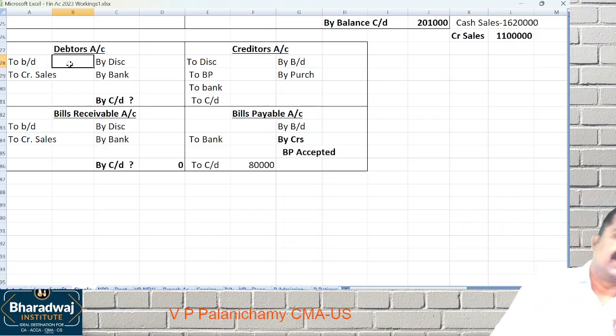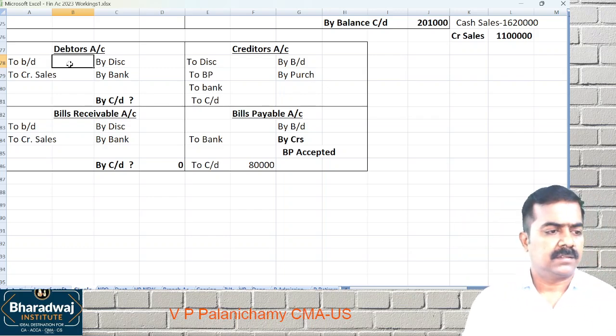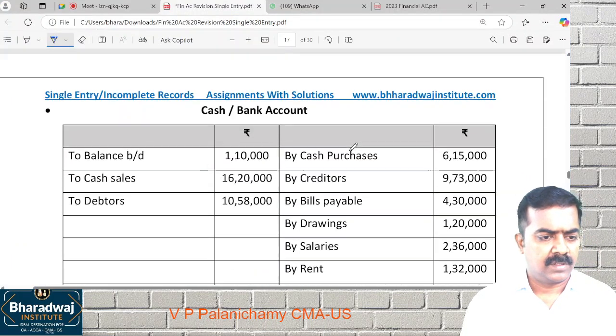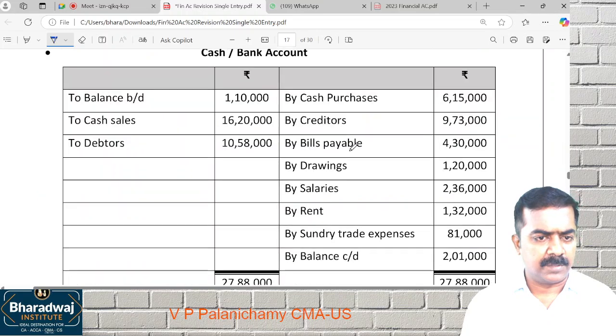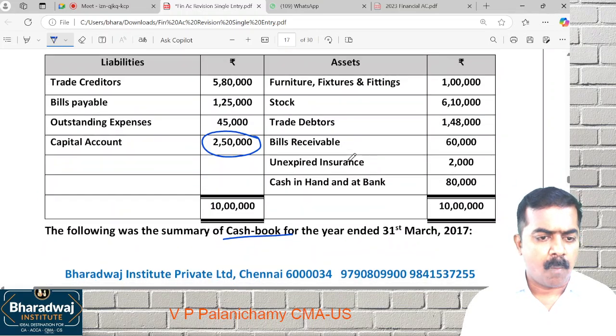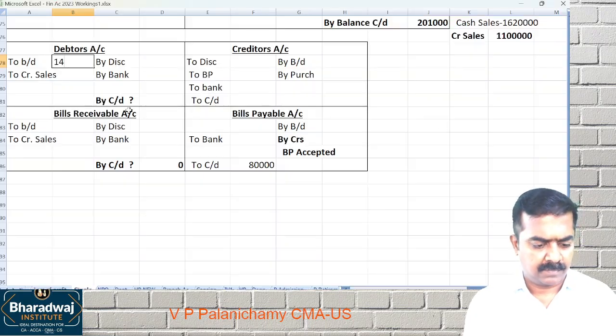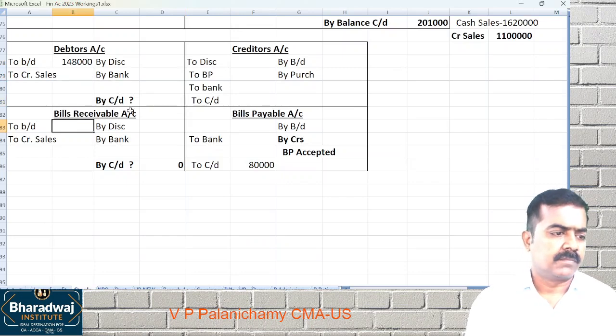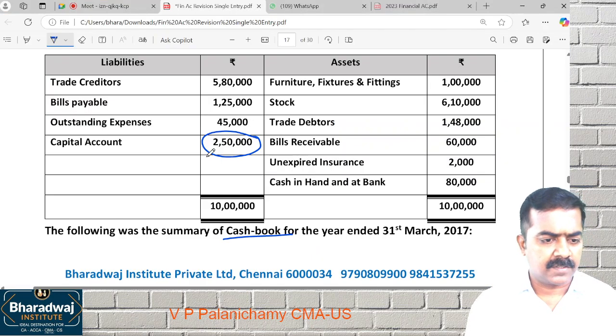Okay. Debtors account. What is the opening balance and closing balance? What is the opening balance? Bills receivable opening balance.